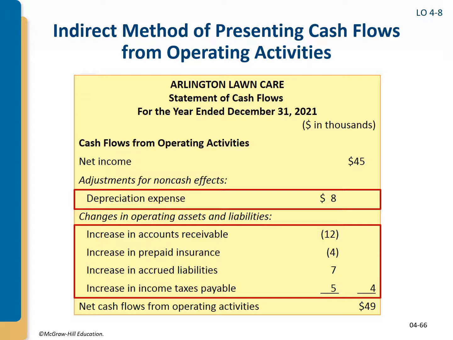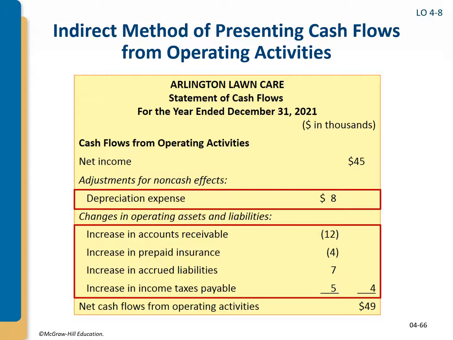So once we account for those changes in current assets and current liabilities, and add or subtract their impact on net income, that will convert net income into net cash flow from operating activities.